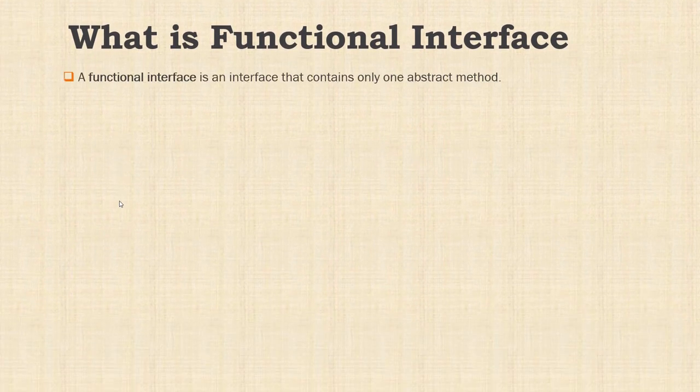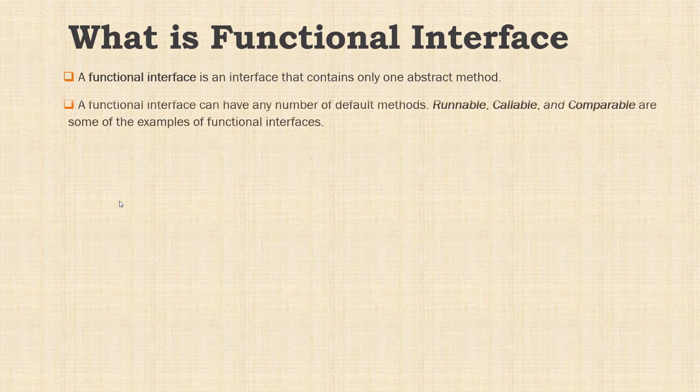So first, what is functional interface? A functional interface is an interface that contains only one abstract method. It was introduced in Java 1.8. A functional interface can have any number of default methods and static methods, but only one abstract method should be there inside the functional interface. Examples of real-time functional interfaces are Runnable, Callable, Comparable.